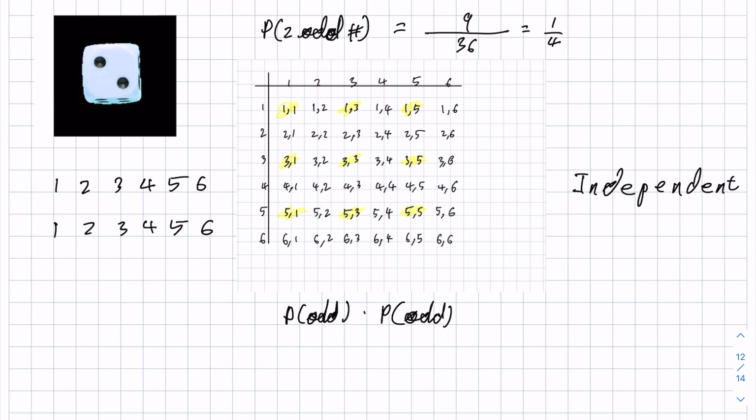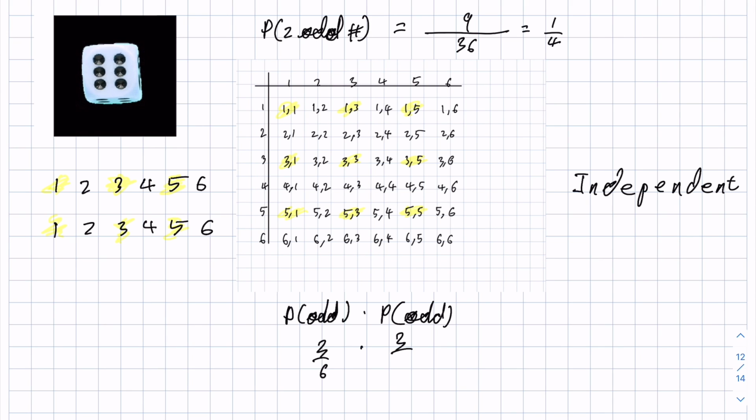So the probability of the first die being odd, and that is 1, 3, 5, which is 3 over 6. And the second die is also 1, 3, 5.